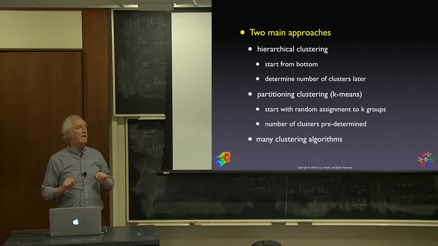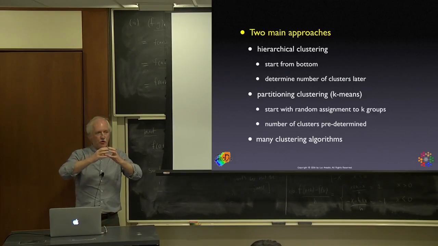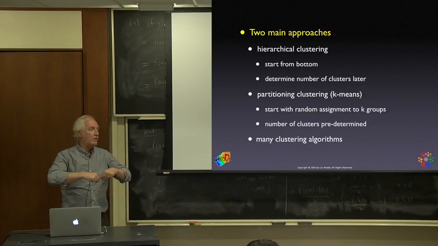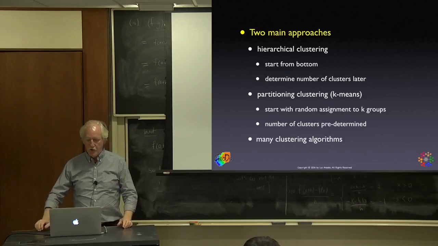You pick k, right? And then you start reshuffling to get better and better measures on your objective function. So you reshuffle them so that their internal variance goes down and the in-between variance goes up. So that's an optimization problem.